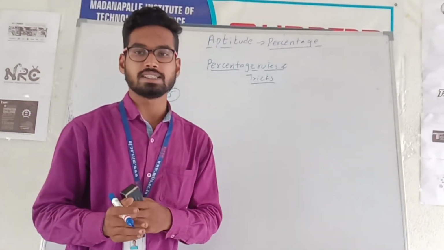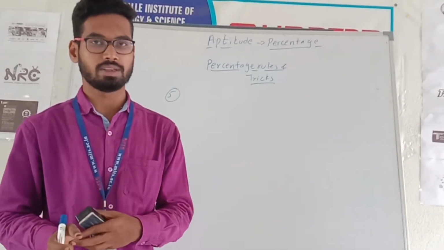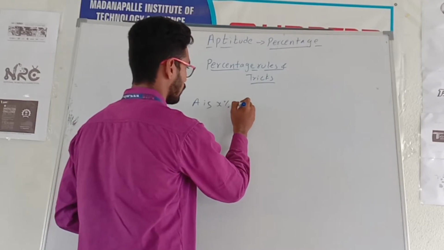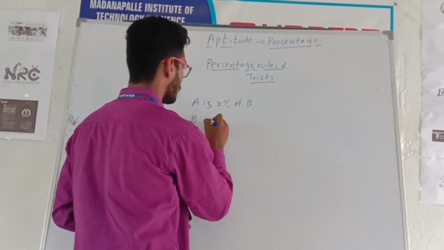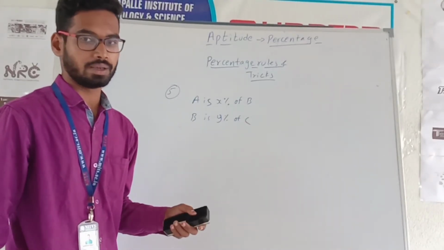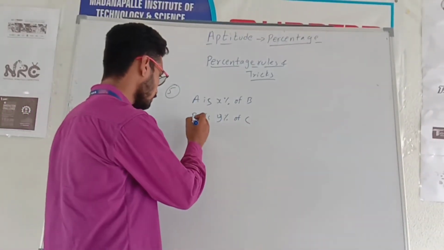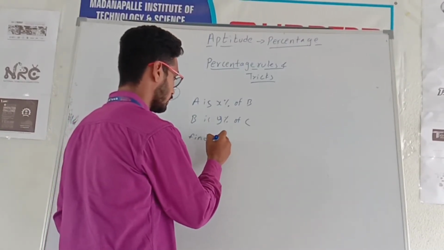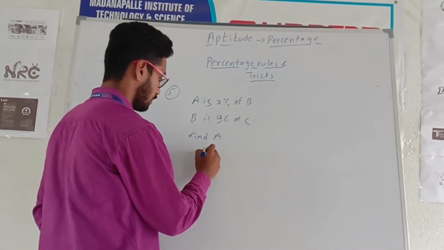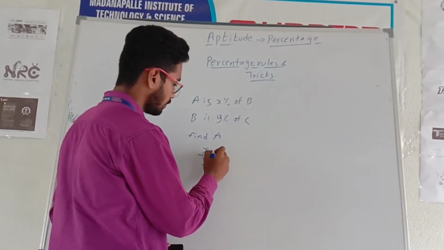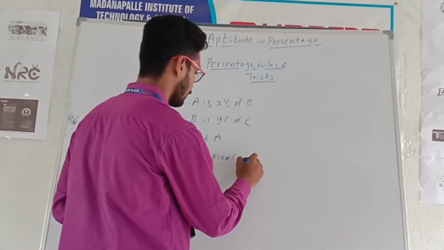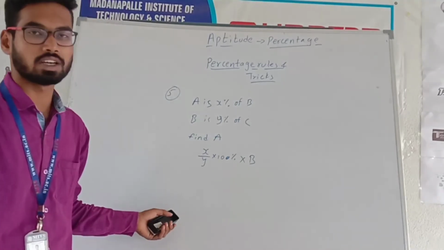The fifth rule is, if A is X percent of B and B is Y percent of C, then we have to find the percentage of A. In this condition, there is a simple formula to find the value of A: X by Y into 100 percent, that is, X by Y into 100 of B. This is the formula we are going to use.